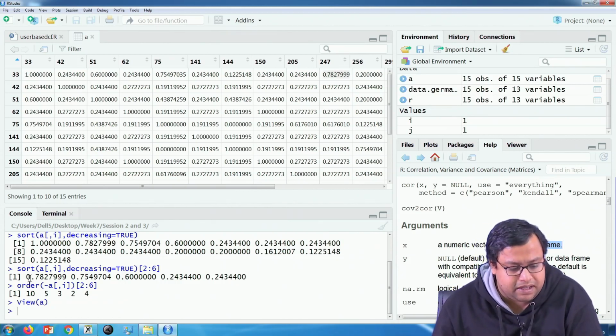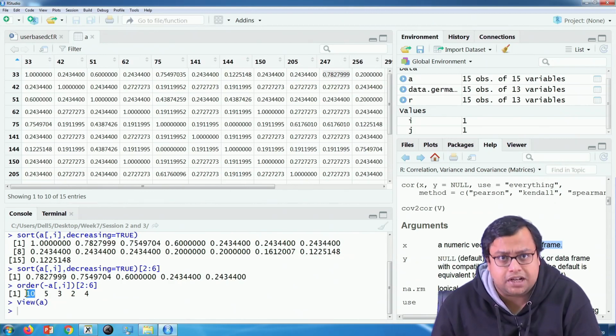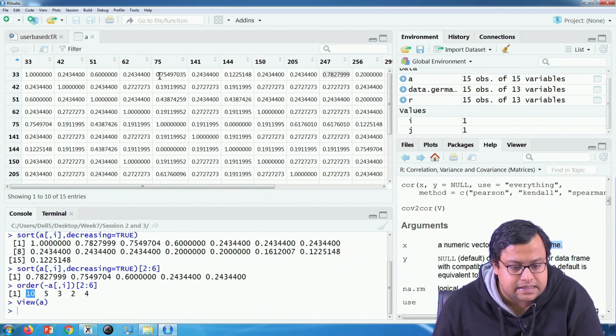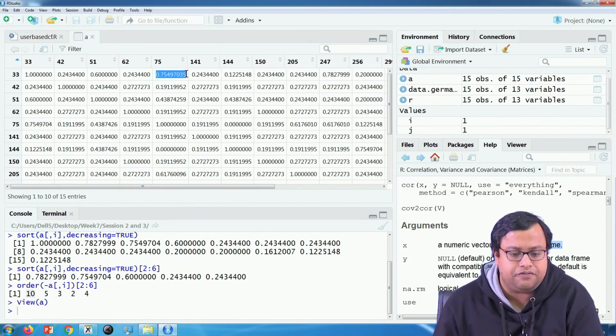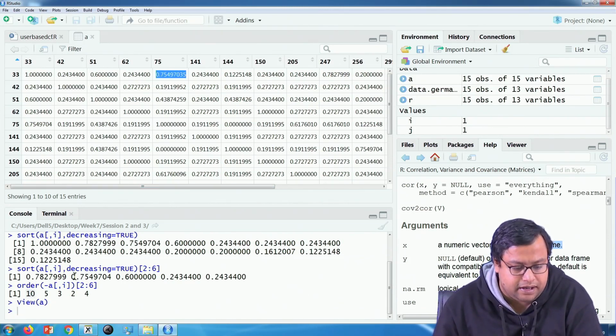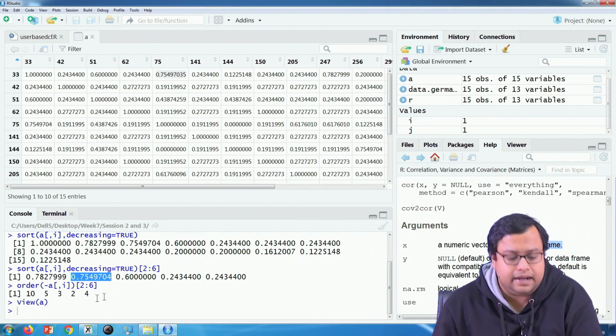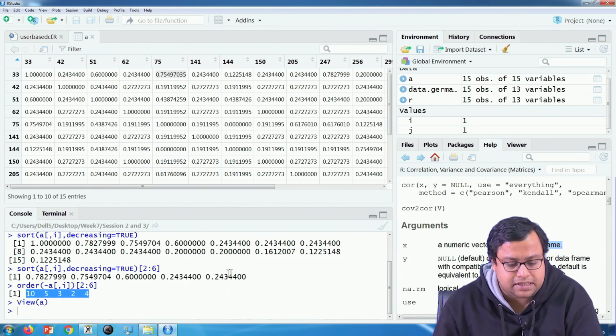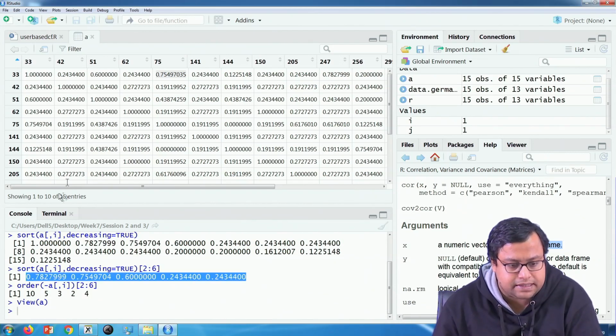That value is coming here, and the corresponding position is coming here. Similarly, the second best is the 5th column, 0.7549, that value is coming here, and correspondingly the position is coming here. So these are the positions and these are the similarity scores.